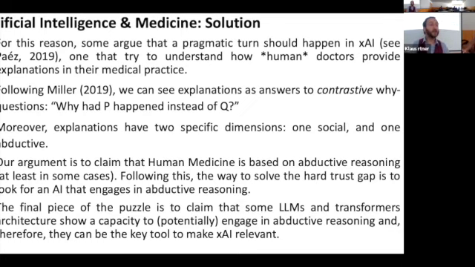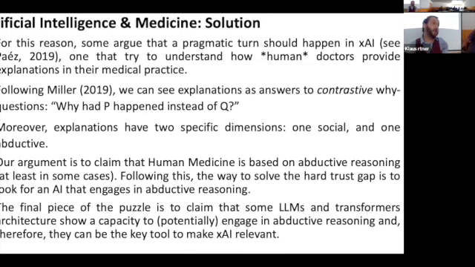And if that's the case, we need to create an AI model that is capable of doing abductive reasoning. And then what we will end up arguing is that at least some specific models, like transformers and some large language models, at least show potential capacity to engage in abductive reasoning, at least in some cases.